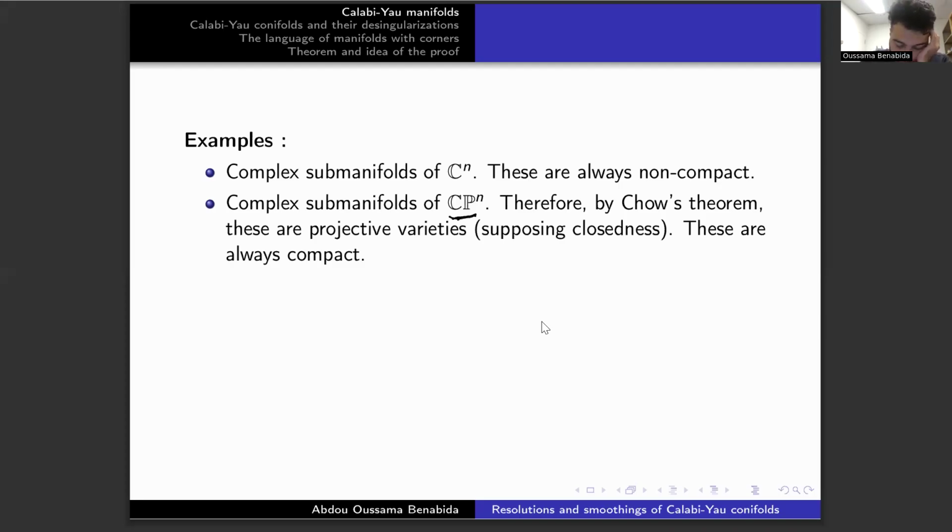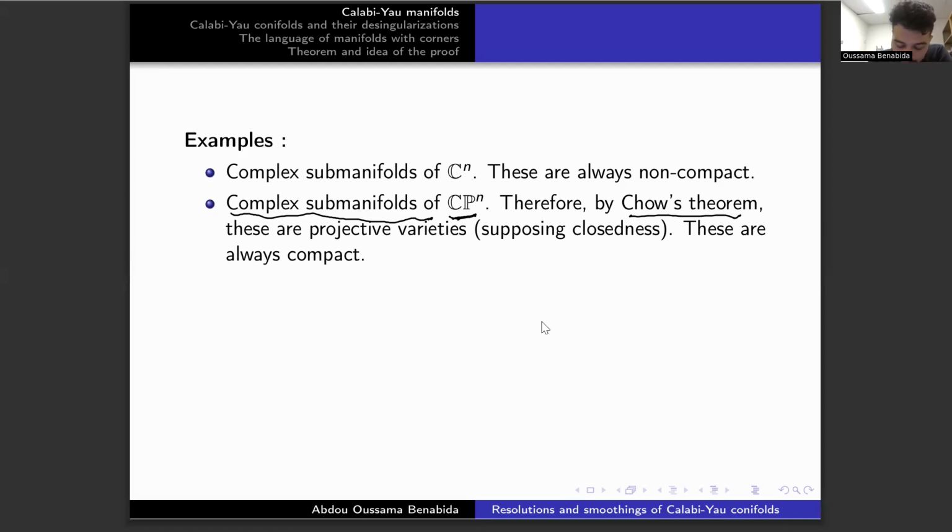And therefore, by the same logic, complex submanifolds of CP^n themselves are also Kähler by the restriction of the Fubini-Study metric. And this gives us examples of compact Kähler manifolds. But a well-known theorem from algebraic geometry is Chow's theorem, and of course, the far-reaching extension by Serre's GAGA theorem.